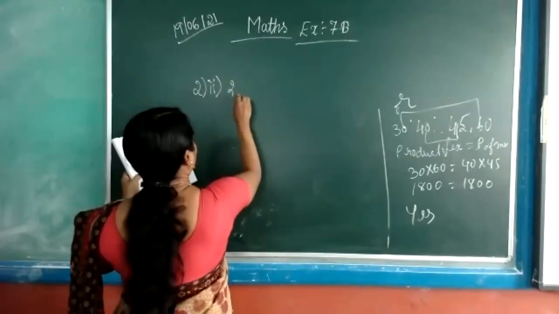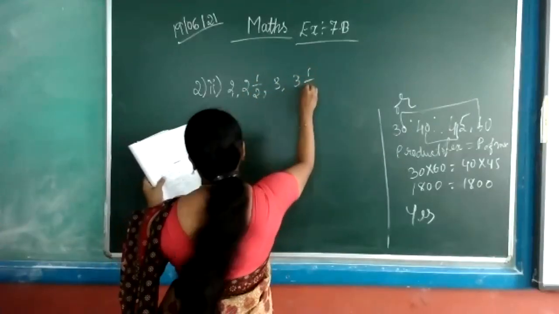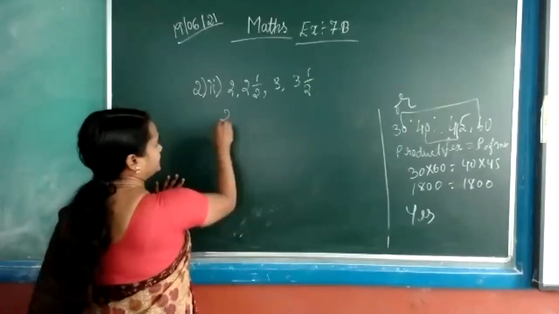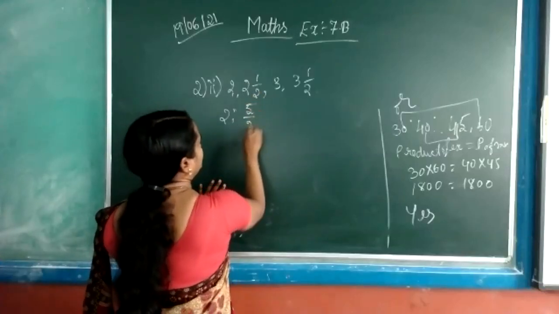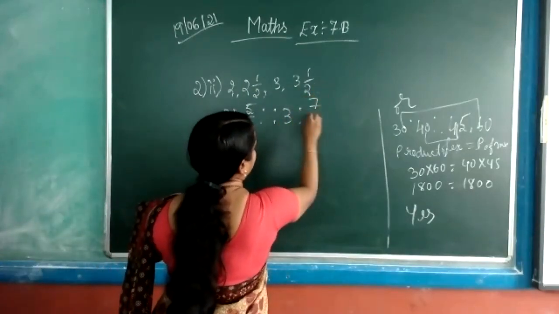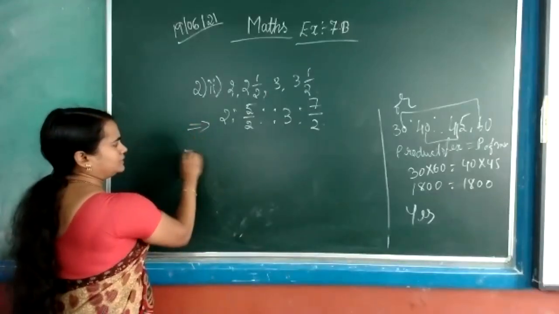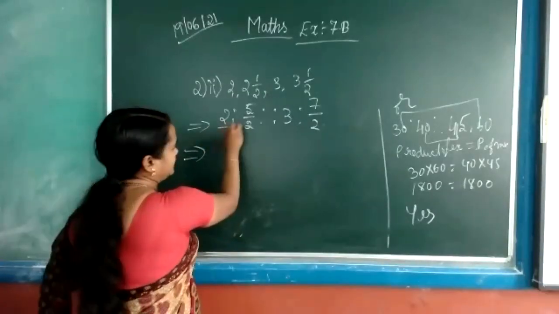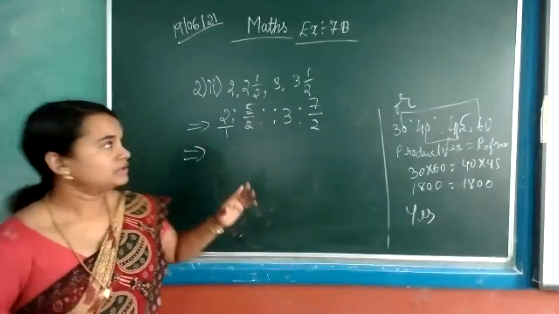Second one: 2, 2 1/2, 3, 3 1/2. Now first we will write in the proportion: 2 is to 2 1/2, that is 5/2, is as 3 is to 3 1/2, that is 7/2. Now give attention here. If it is only a whole number, we know that in the place of denominator there is 1.